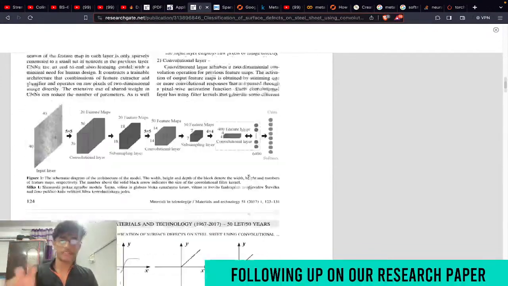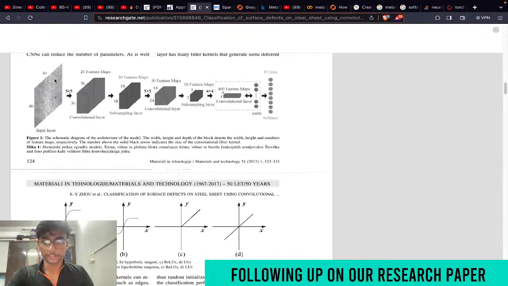We are using their same neural network and training it once by traditional network training and once by our proposed method, the greedy layer wise training. We want to see the differences in accuracy and training time when we train it by our method versus the traditional training method. So that's what we are trying to do.